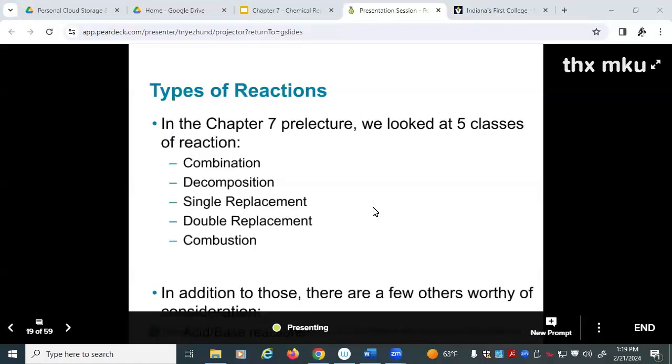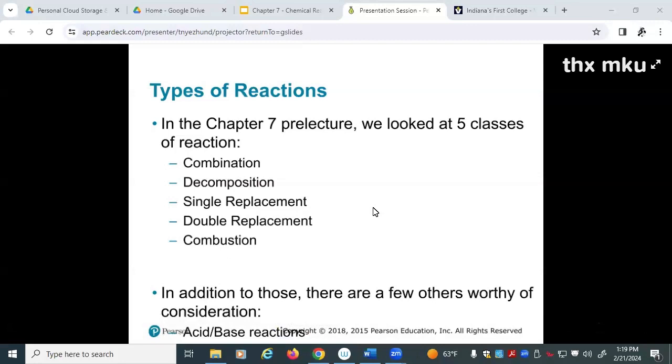All right, so we are starting today by taking a look at some other concepts that are related to chemical reactions and chemical equations. If you did the chapter 7 pre-lecture, if you watched those videos, you know that I talked in that video about 5 different types of chemical reactions.